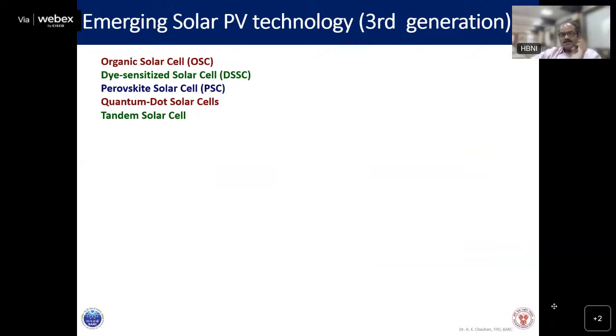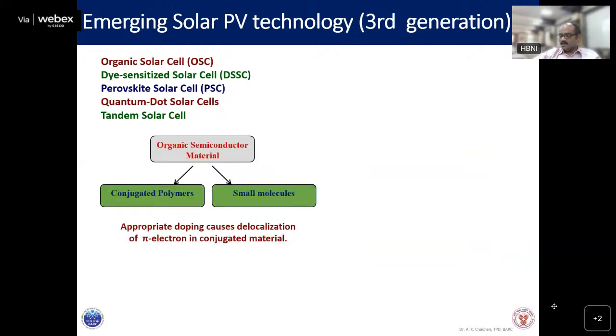Tandem solar cells are when you combine two different kinds of solar cells. These solar cells utilize, as I already said, organic semiconducting materials in place of inorganic semiconducting materials.